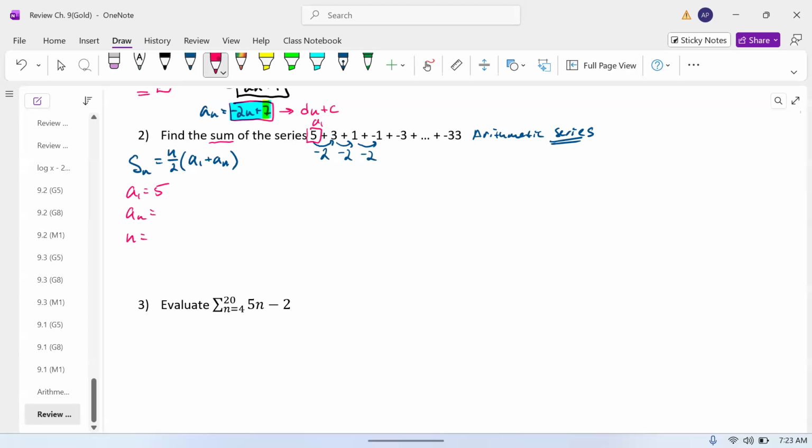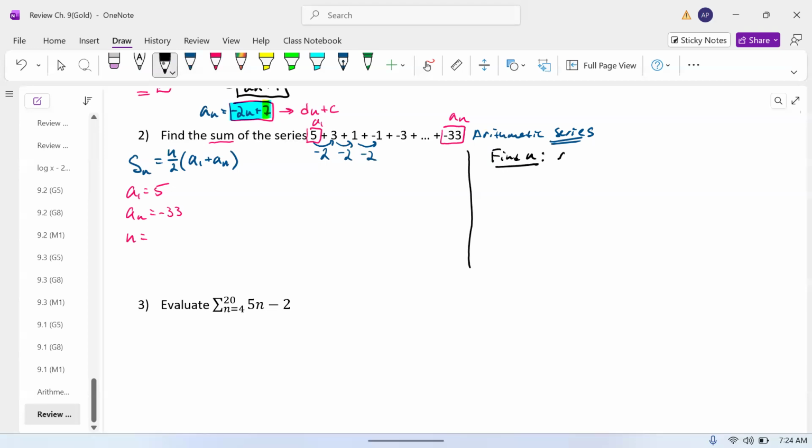Now, a sub n, we don't know n right now, but a sub n usually signifies the last term, so that would be our negative 33. Now, n is how many terms we have. If we look at this series, we could try to count how many terms there are as we continue the pattern until negative 33, but that could be a bit complicated, so we actually need to find n first.